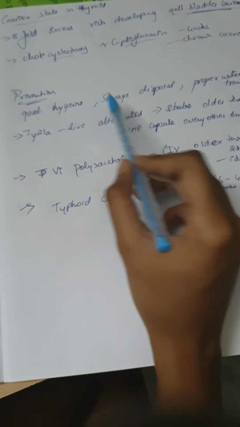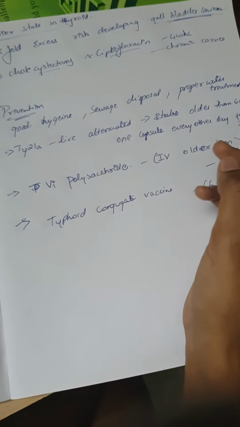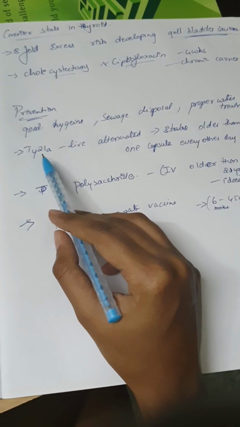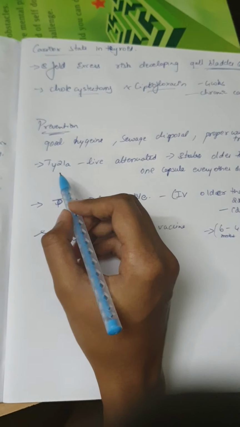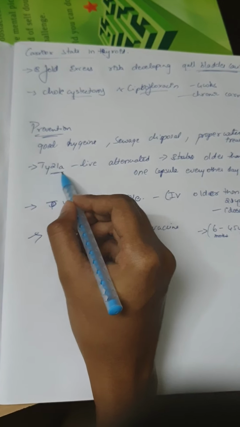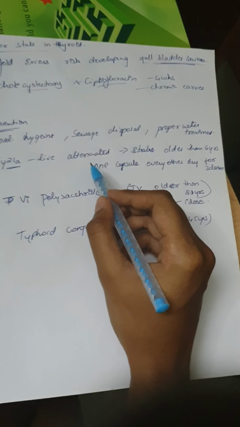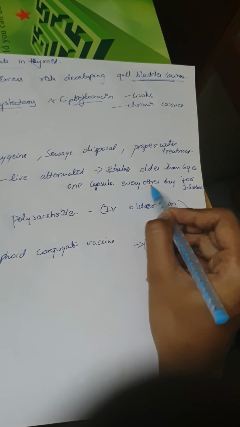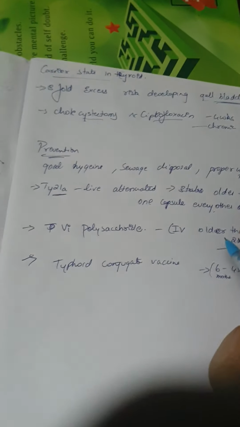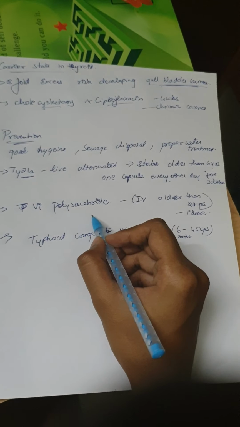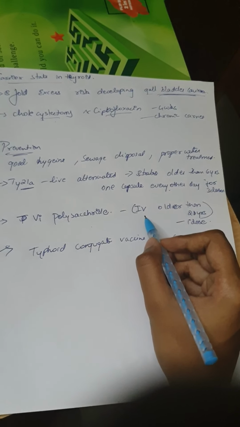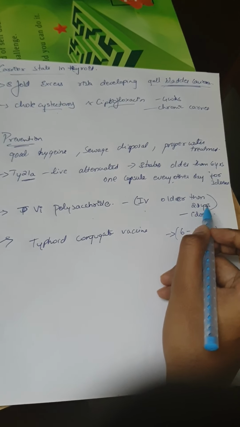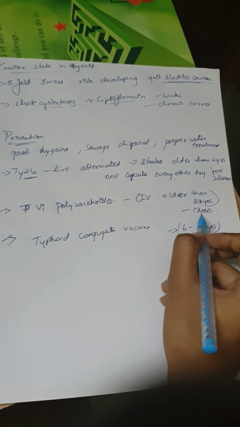Prevention: you have to ensure good hygiene, sewage disposal, and proper water treatment. Vaccination is also available. Ty21a is a live attenuated strain, given to those older than 6 years, one capsule every other day for 3 doses. The polysaccharide vaccine is given to those older than 2 years as a single dose.